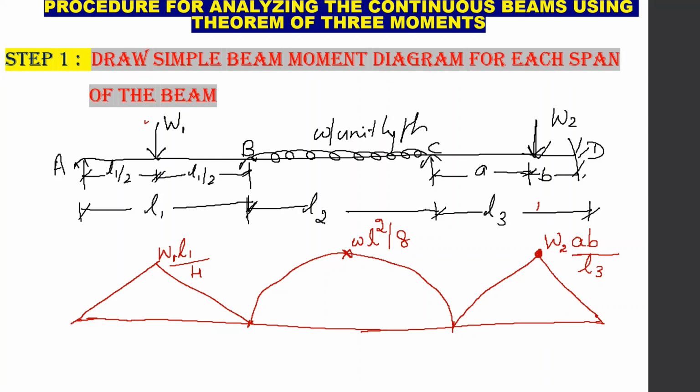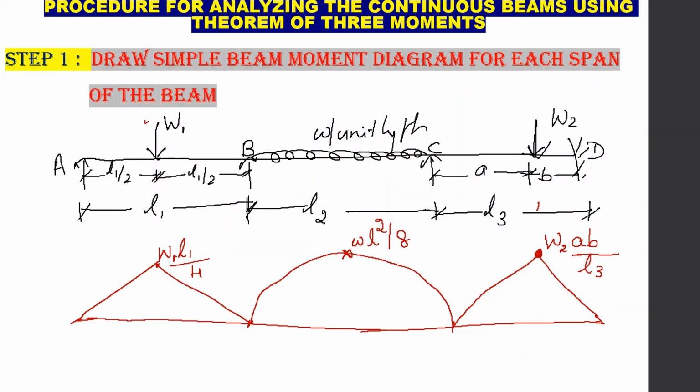So this is your first step. Any continuous beam that is given to you, first of all, you draw the simple beam moment diagram. Okay, and remember, when there is a concentrated load at the center of the span, the maximum bending moment value will be at the center, and that is equal to WL by 4.